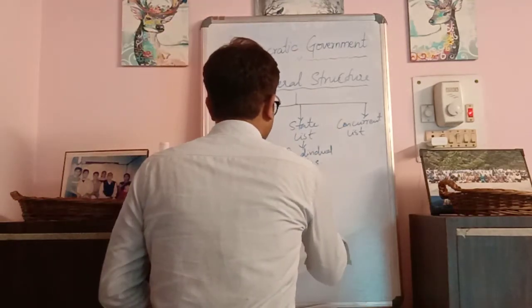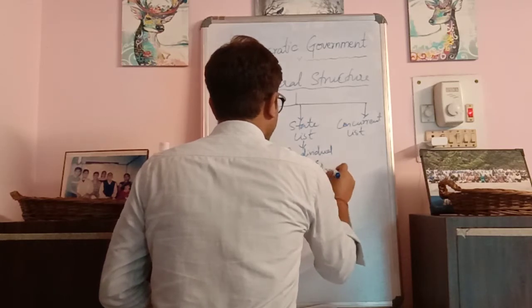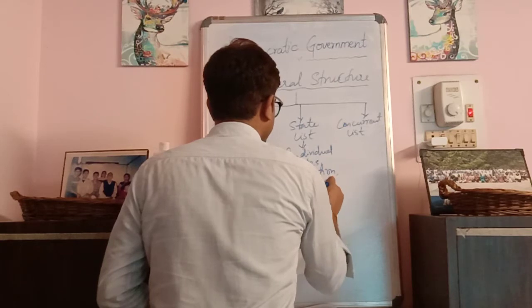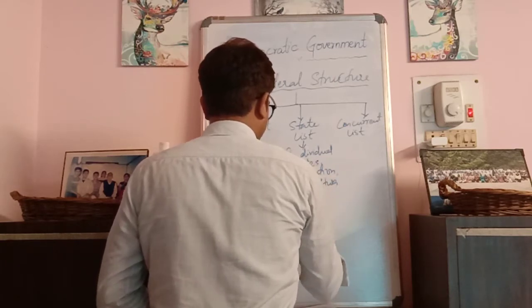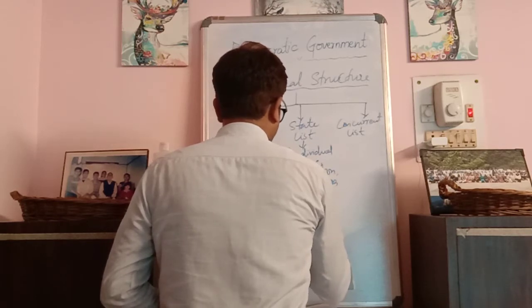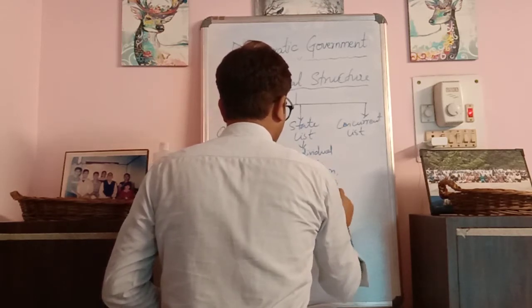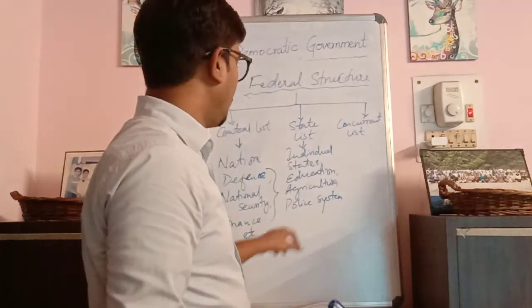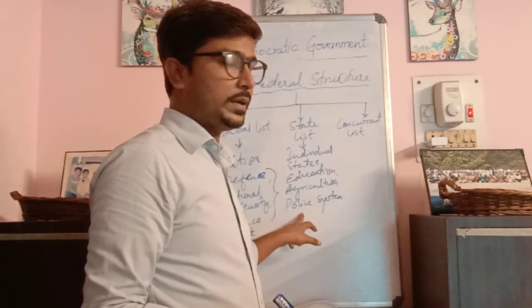Most probably education related issues, agriculture related issues, then the police system or the law and order system within the state, but only the police system comes under the state government.